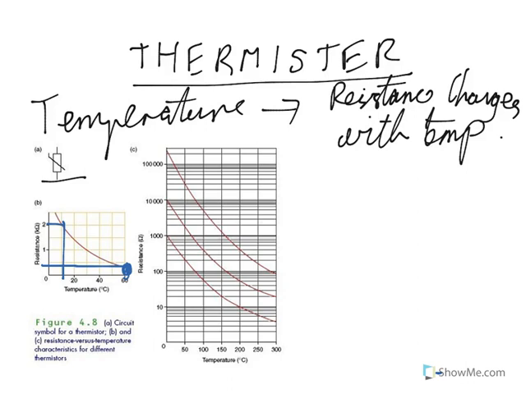So on the vertical axis up here, we're going up by a factor of 10, so 10, 100, 1,000, and so on. So you would need to know which of the thermistors the line is, and again, you would just read them off. All right, so let's have a look at an example of the thermistor.